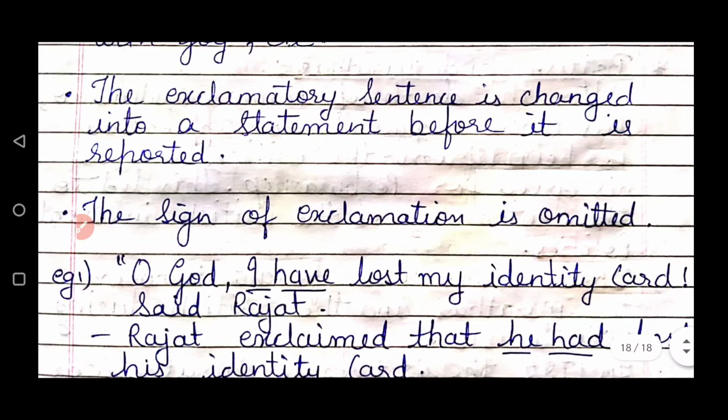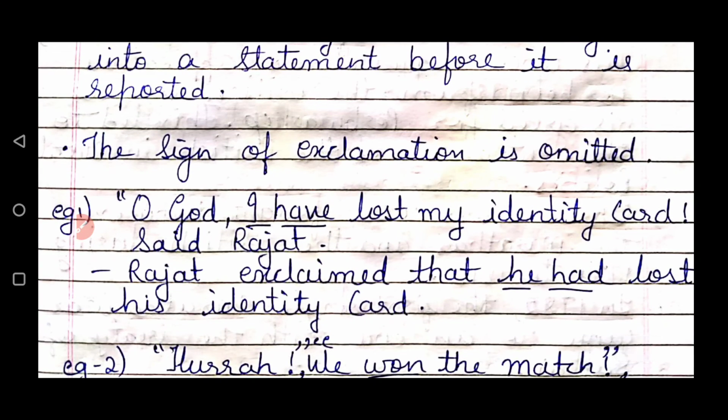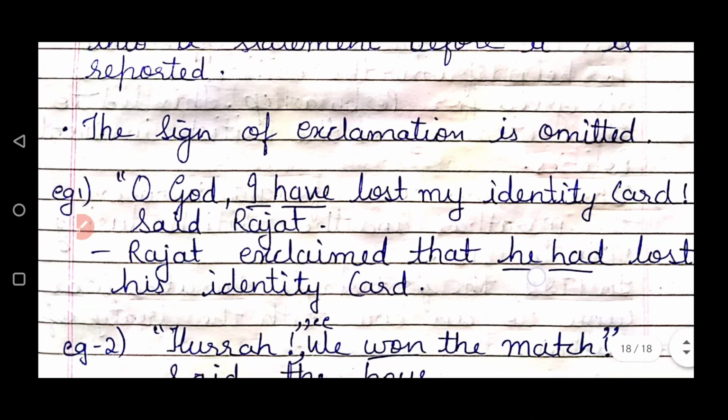So the exclamatory sentence is changed into a statement before it is reported. तो exclamatory sentence हमारा same exclamatory नहीं रहता है reported speech में, it is changed into a statement and the sign of exclamation is also omitted. यहाँ पे वापस से reported speech में exclamation का sign नहीं आएगा.